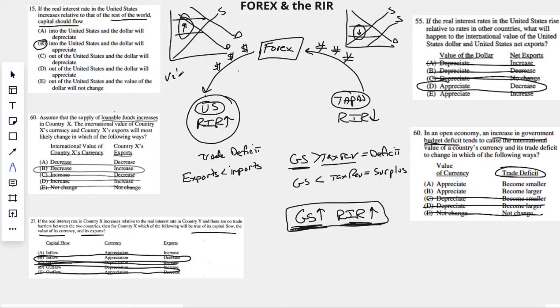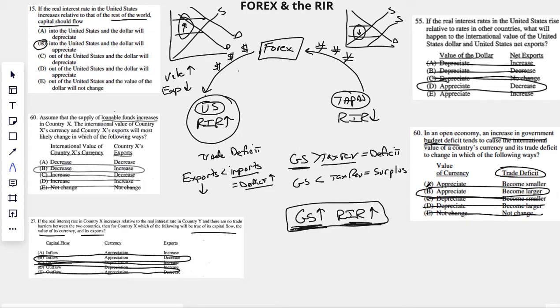If the value of our currency is going up, our exports are going to have to go down. Wouldn't that imply that if exports go down, we have more of a deficit than before? Our exports are even lower compared to our imports. So our deficit would have to become larger because we have less exports. I hope that makes sense.